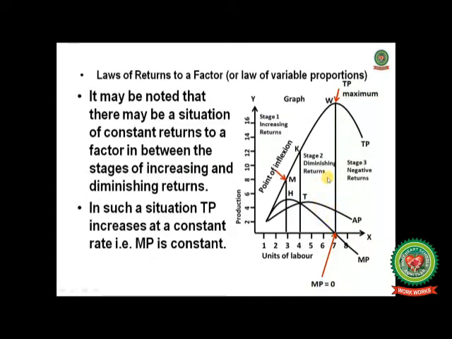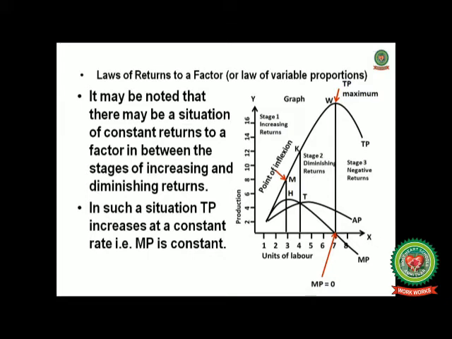It is also the situation of constant returns, meaning at the 6th and 7th units of laborers the output remains the same. As you have seen in the table, there are only 15 units of output, and this is the diminishing returns to scale.